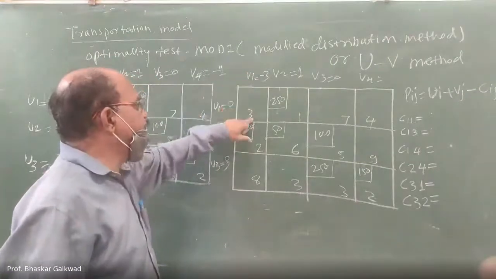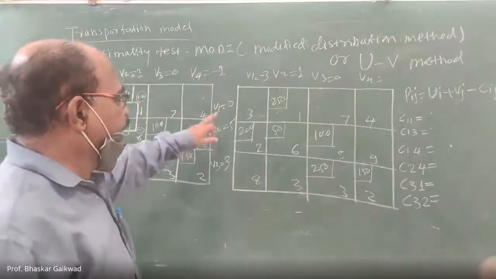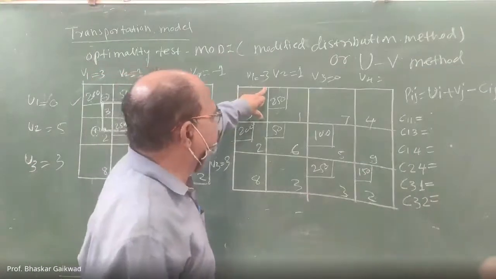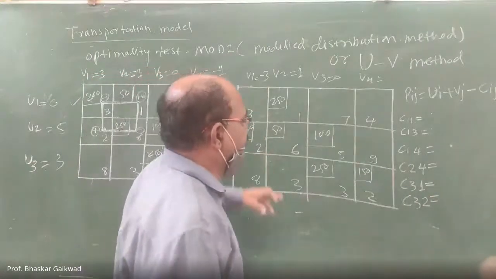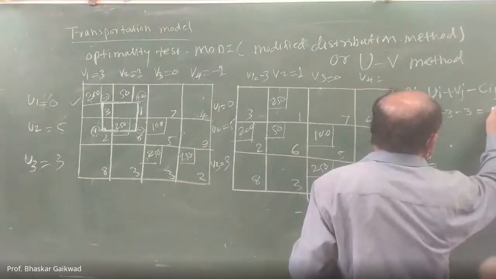So here U0, V minus 3: zero minus 3, minus 3.